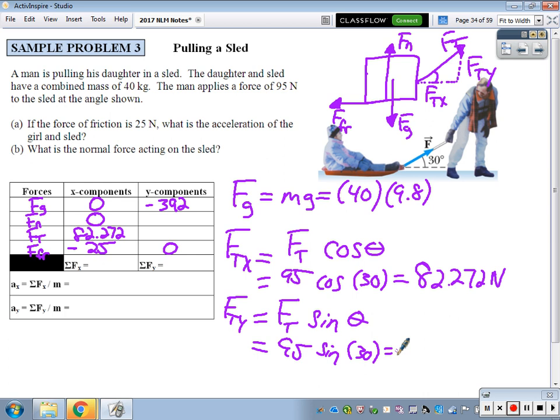Michael Taylor, what do we get? 47.5 newtons. Yep, 47.5 newtons. Is that going to be positive or negative? It will also be positive. So, 47.5. Okay, like I said, we'll get to the normal force a little bit later.